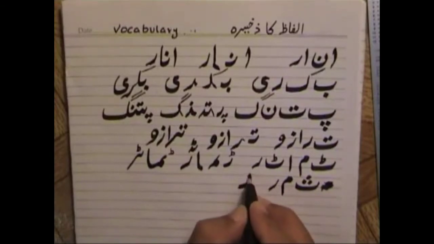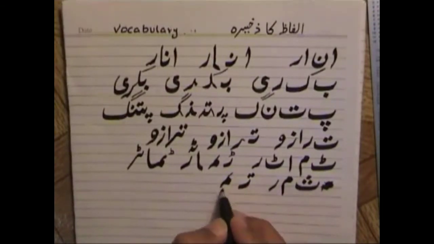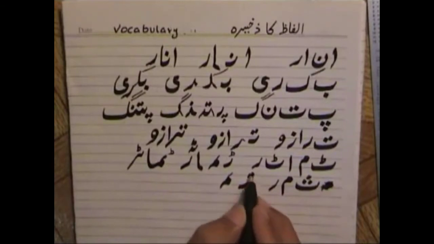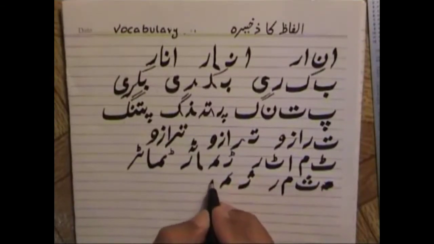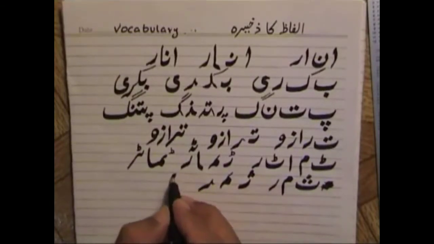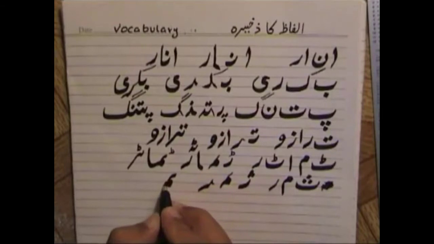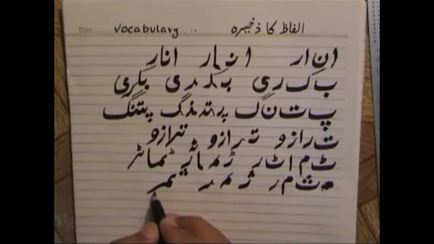This is the initial position of say, and this is the middle position of meem with connectors on both sides. Say with three dots, meem, and re in the final position. So we write it like this: summer.